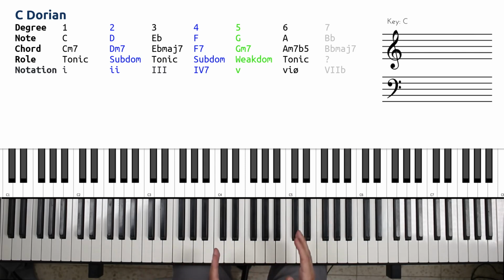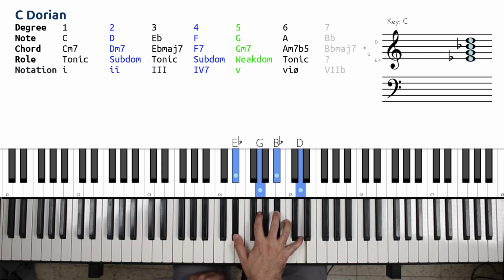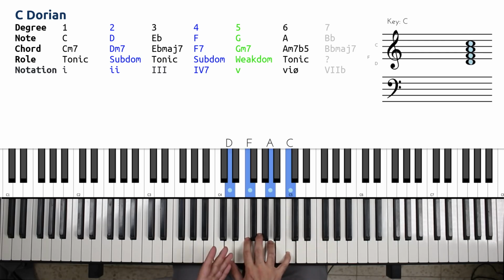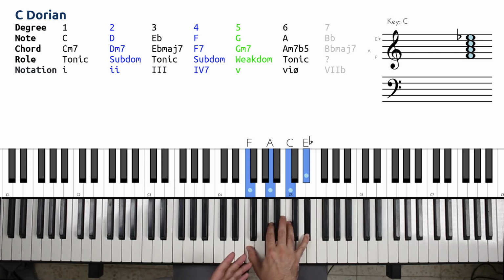As before, I'll point out that the first, third, and sixth degrees play the role of a tonic, the C minor 7, E flat major 7, and A half diminished. The second degree, the D minor 7, and the fourth play the role of a subdominant.